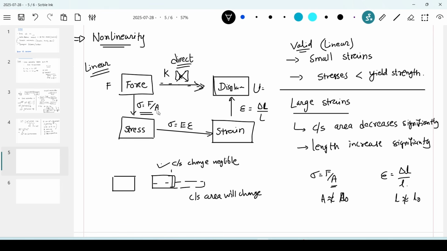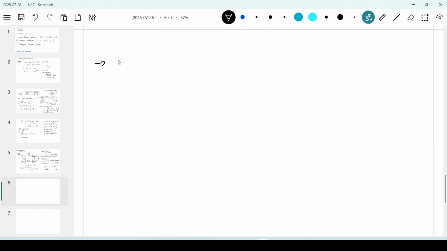Let me take the linear analysis. Linear analysis is solved in one shot. If you have seen FEA, linear analysis is solved in one increment, in FEA terms, only a single increment.